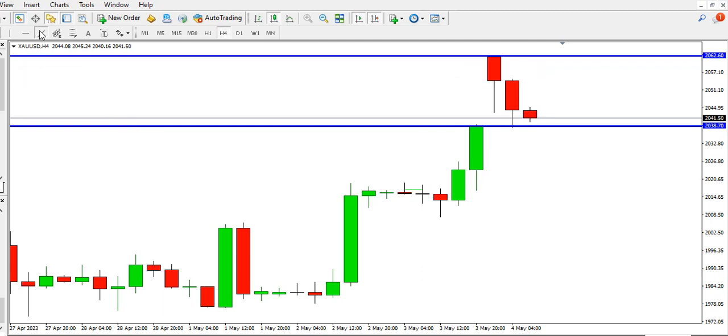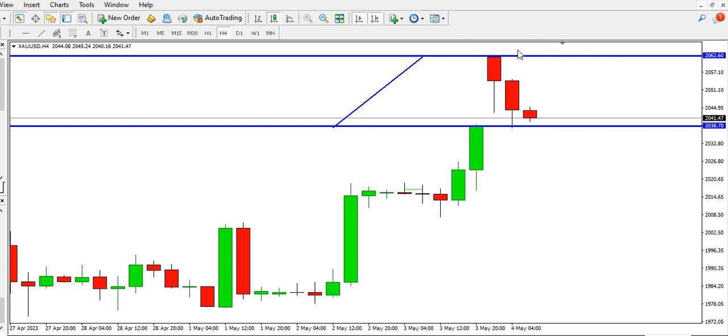The gap is around how many pips? Let's just choose 2060 to 2030. That's a bit less than 300 pips.